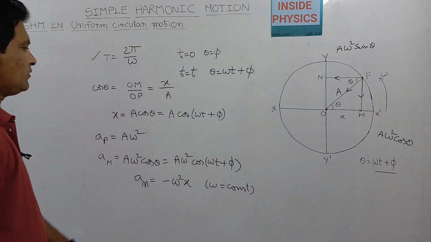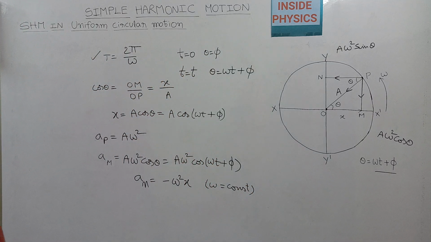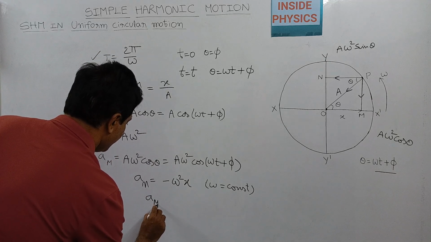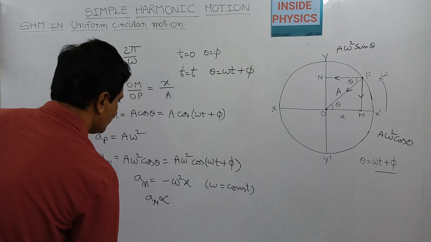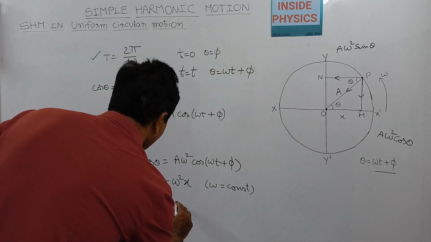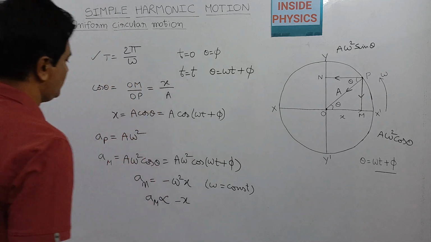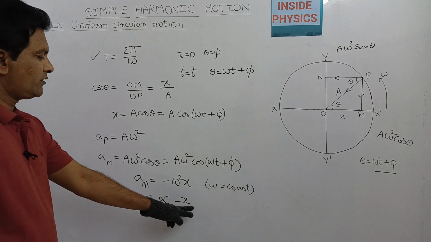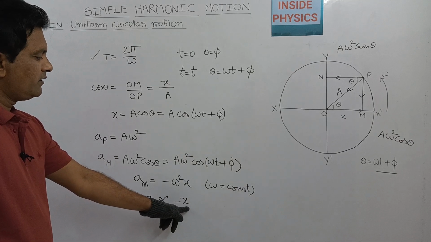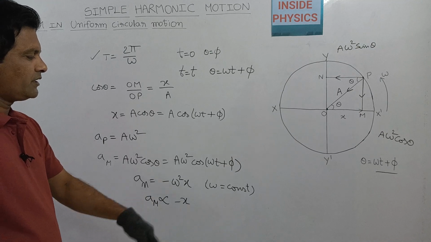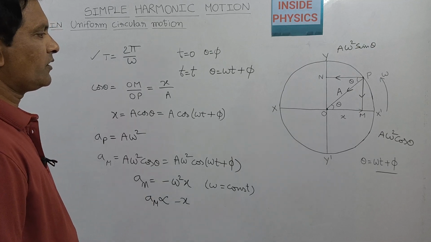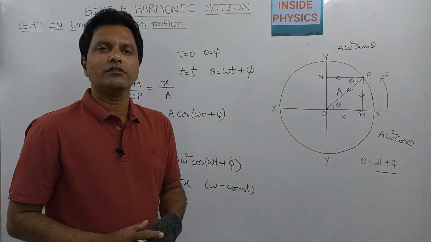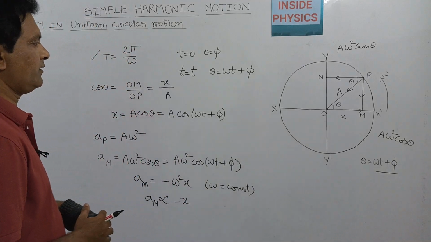If omega is constant, we can write acceleration AM is directly proportional to minus x. The acceleration of the projection is directly proportional to displacement and in the opposite direction of the displacement. That is exactly the condition of simple harmonic motion.